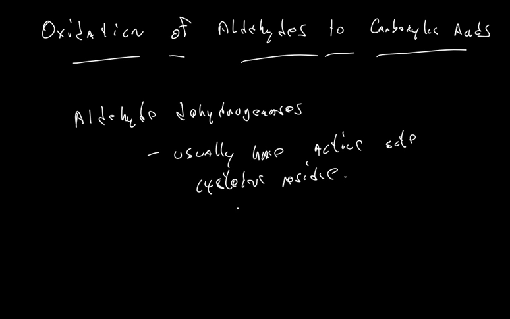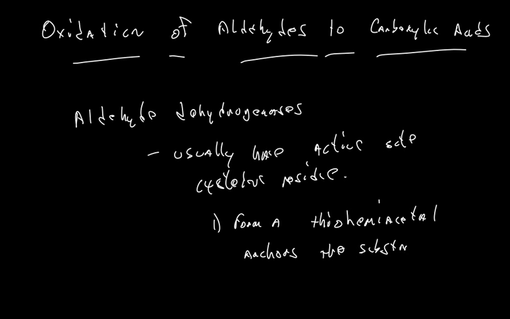It's believed that this active site cysteine residue serves two functions. One is to form a thiohemiacetal, which basically anchors the substrate, the aldehyde, to the enzyme.